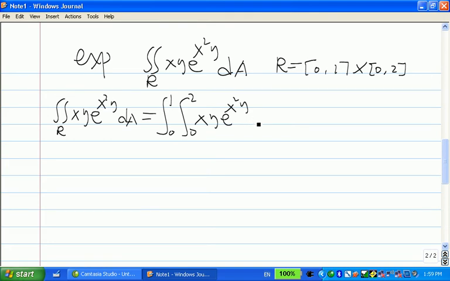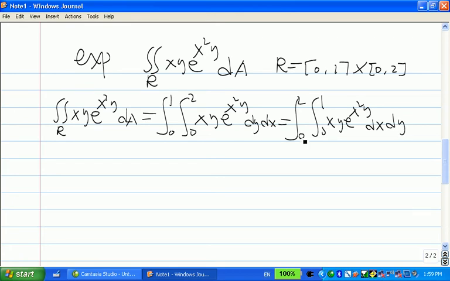Remember, the first one you put corresponds to the lower limit, 0 and 2, which is for y, right? So you have dy dx. If you change the order, say 0 to 2, then 0 to 1, same function e to the x squared y, then the inside one is from 0 to 1, that's the x. Then the outside one corresponds to y from 0 to 2.